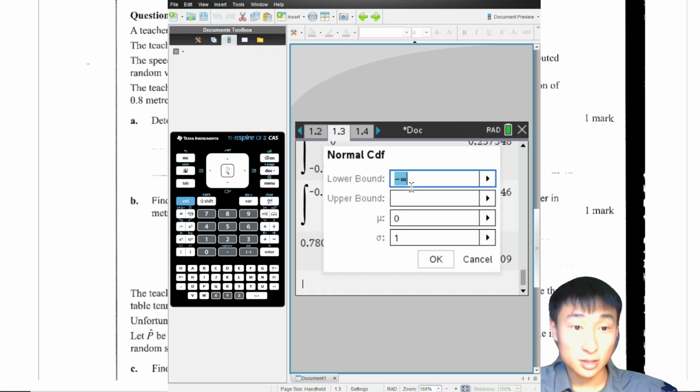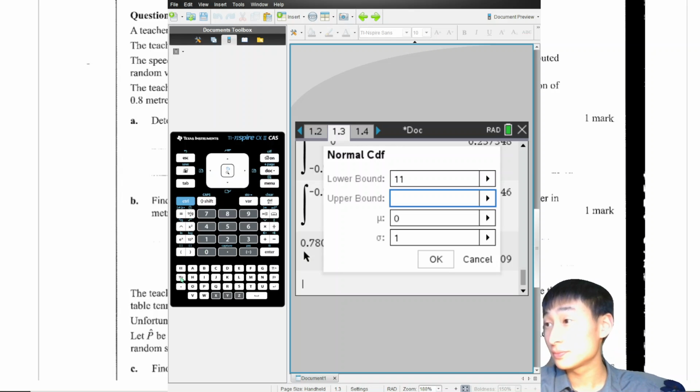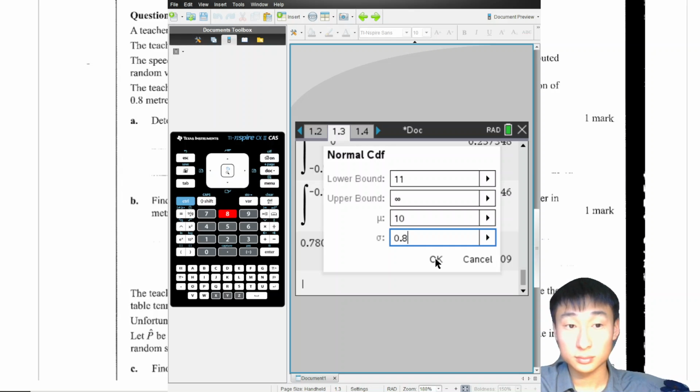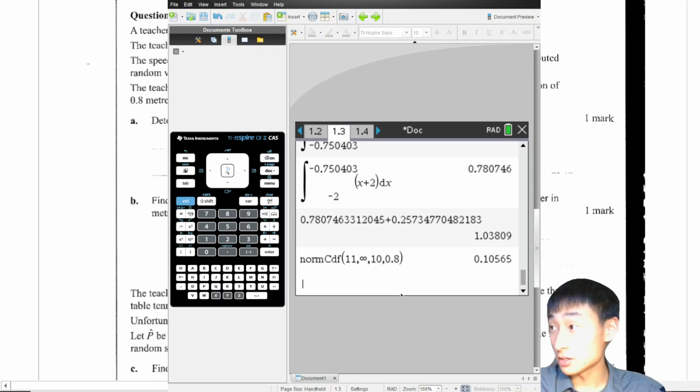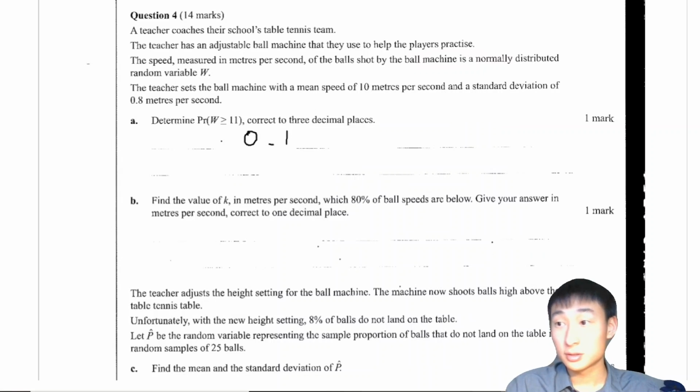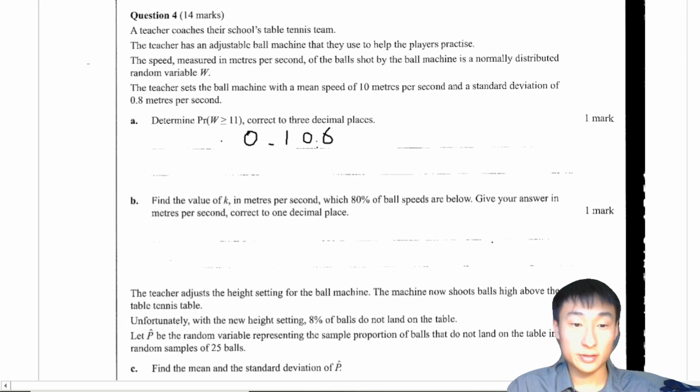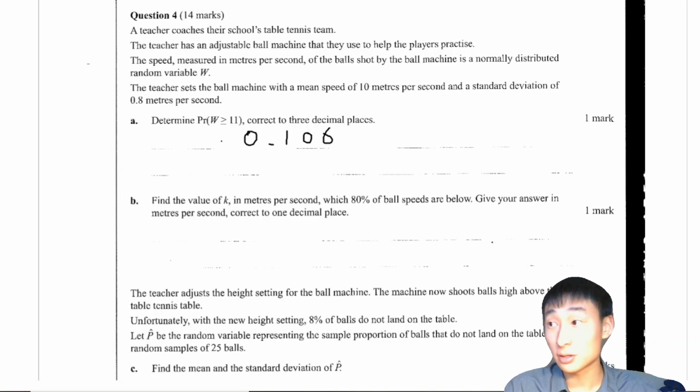Yeah, okay. 11, infinity. And then that's, yeah, okay, sure. That's 0.106. Find the value of k meters per second which 80% of the balls are below.